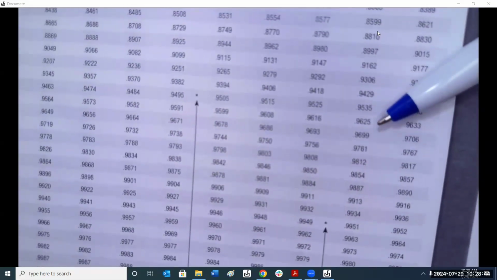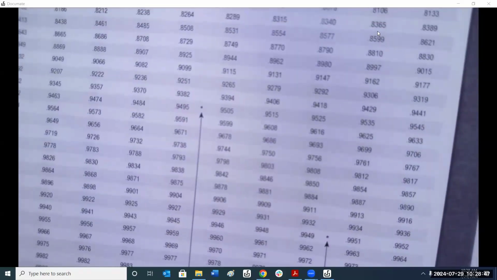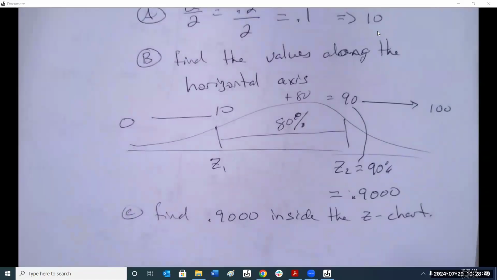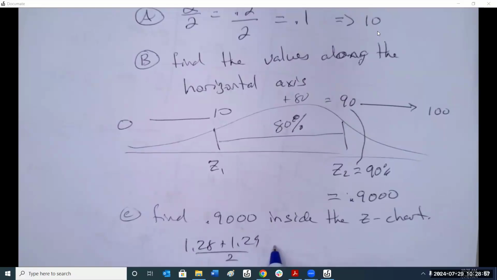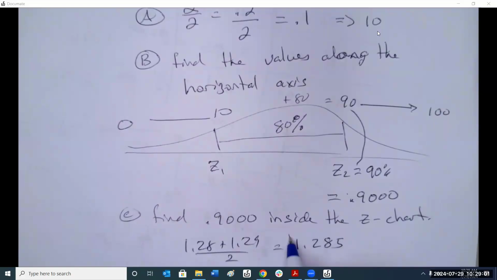Yeah, so it's going to be 1.28 and 1.29. And divide by 2. So it's 1.285.